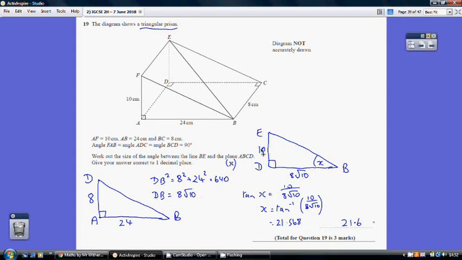So ED is opposite, DB is adjacent, so it's going to be tan x equals 10 divided by our 8 root 10. Inverse tan both sides, we get x equaling inverse tan 10 over 8 root 10, which is 21.568 dot dot dot, which to one decimal place is 21.6 degrees.